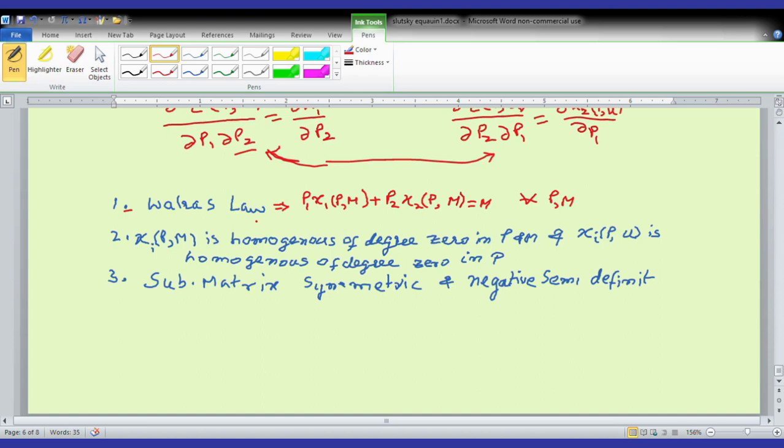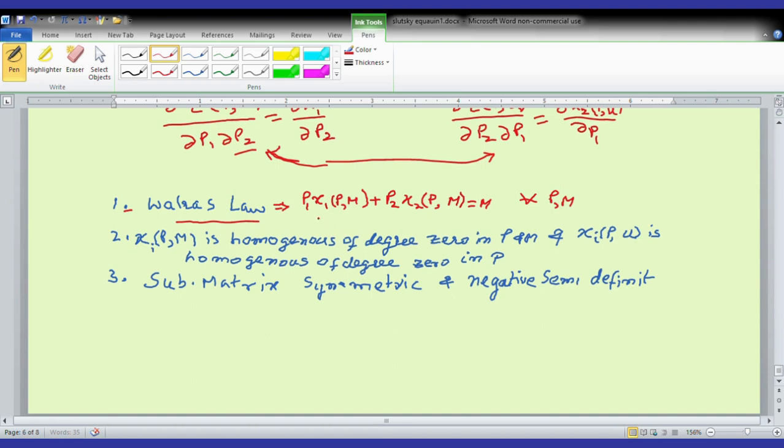Walras' law, that the utility maximization problem or expenditure minimization problem we have at hand gives us a system of Marshallian and Hicksian demand functions, such that the Marshallian demand functions satisfy Walras' law.